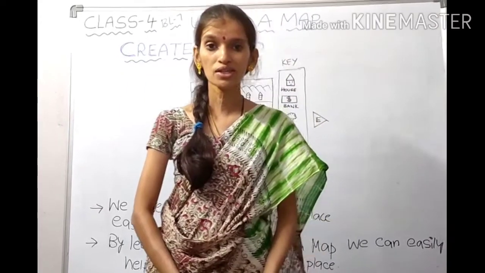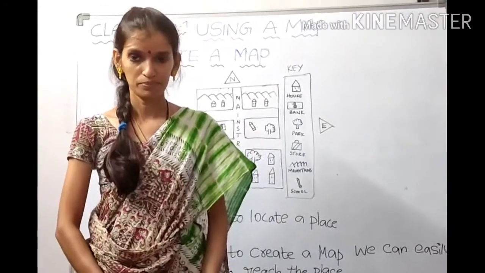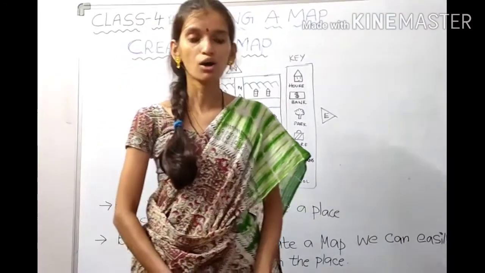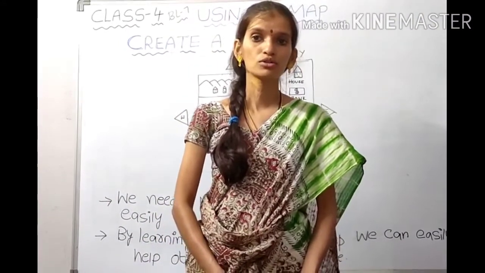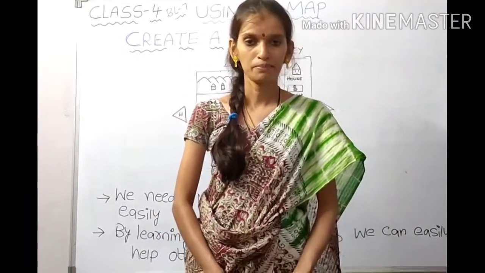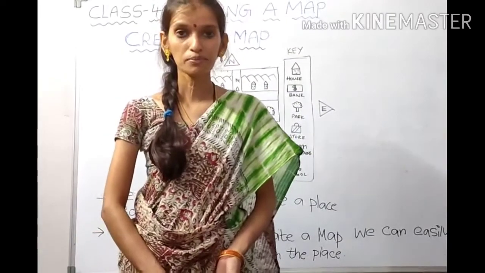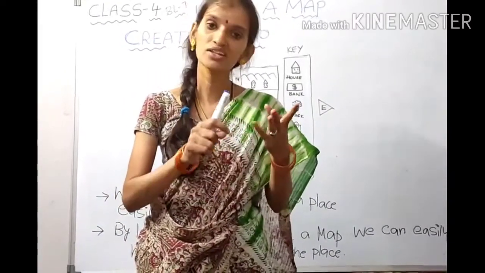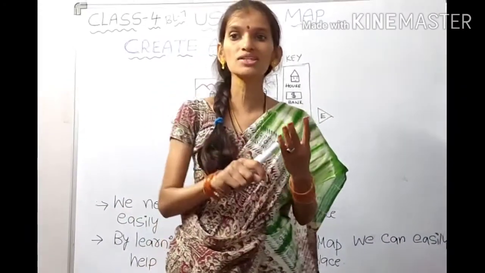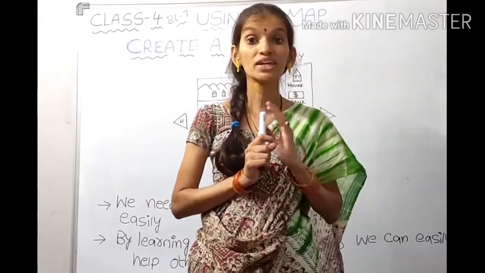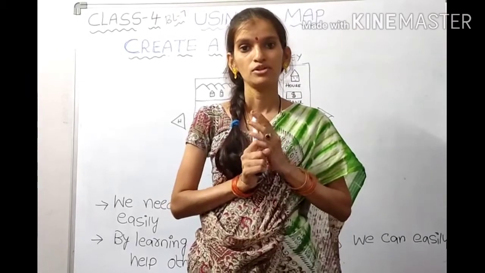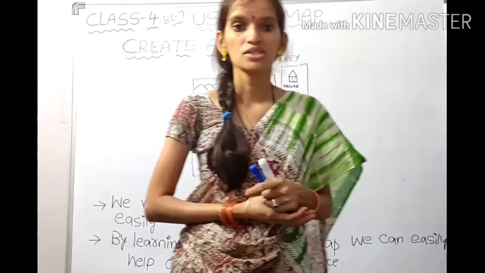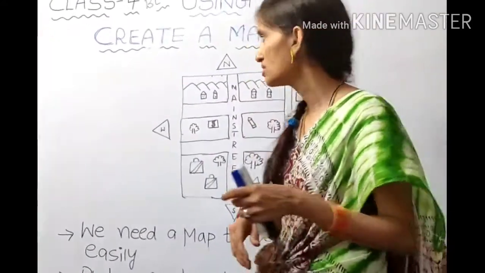Our next topic is how to create a map. We have already learnt about the elements of a map. What are the elements of a map? Legend, title, direction and scale. Using these elements, we can create our own map. For example, I have drawn a map.